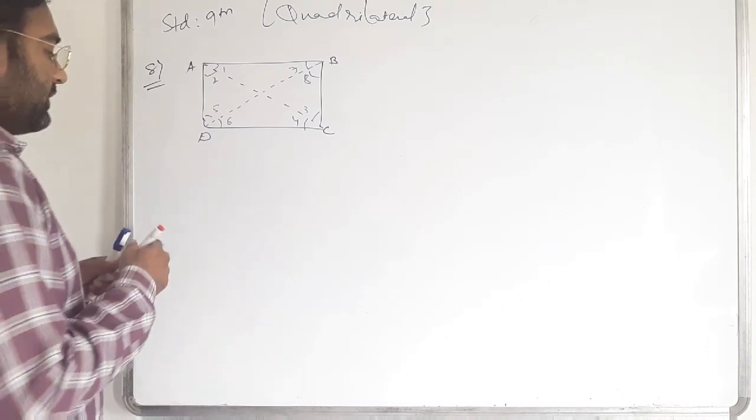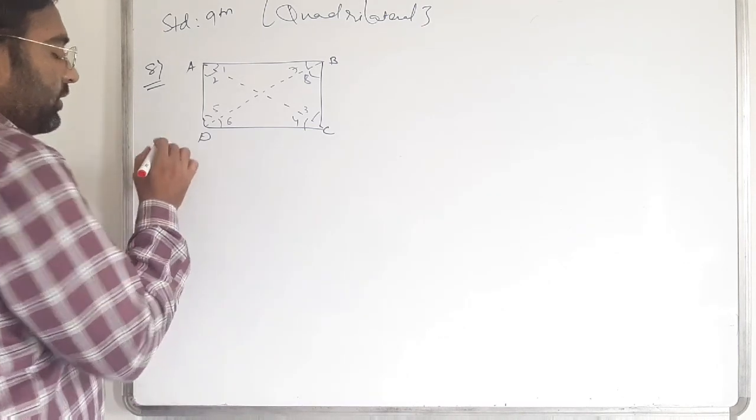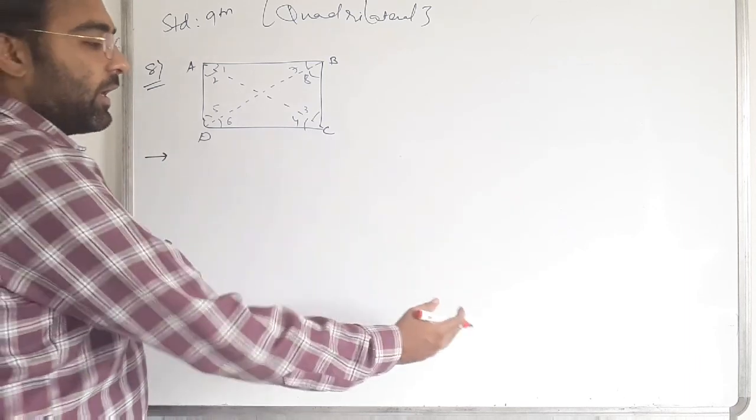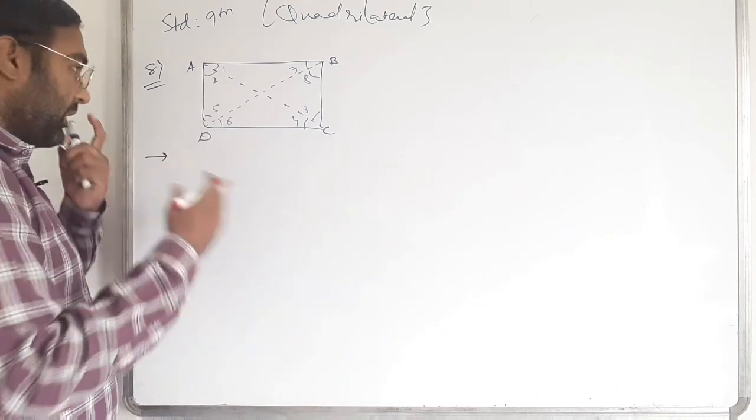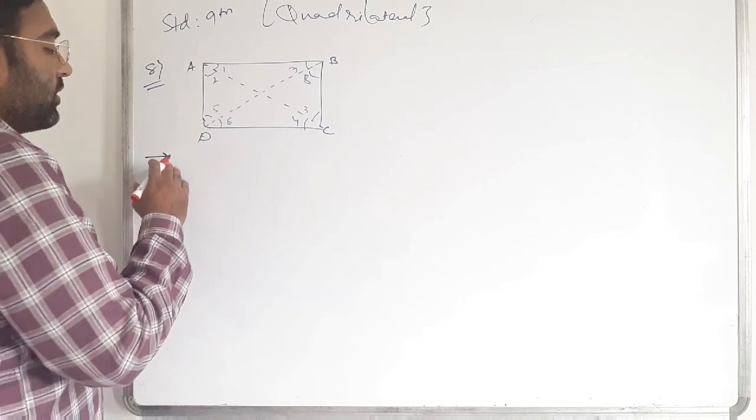Now we are proving that ABCD is a square, and continuing from that section.